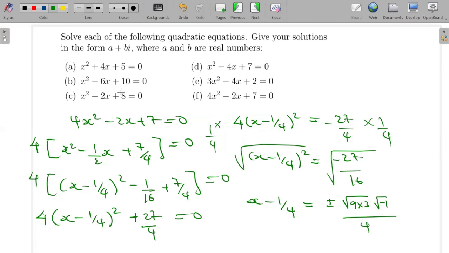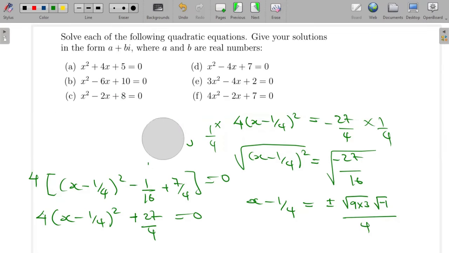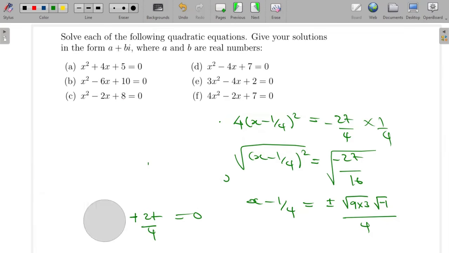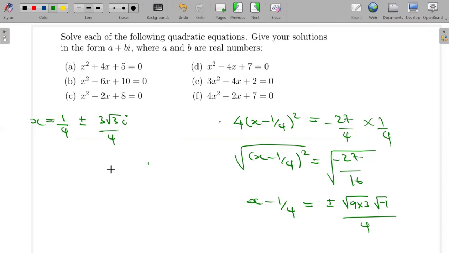Okay, so what are we going to get there? So we have x. I take the 1 over 4 to the other side, and then I have plus minus. So this 3 here, the square root of 9 is just 3. And then I have root 3 there. And that root of negative 1 is just I. And then over 4.